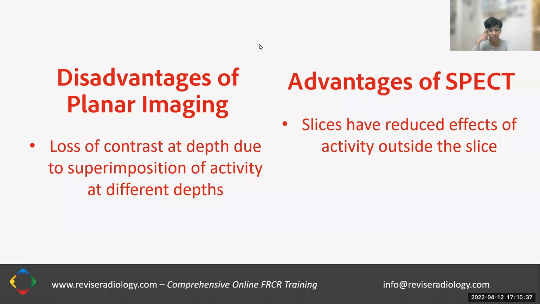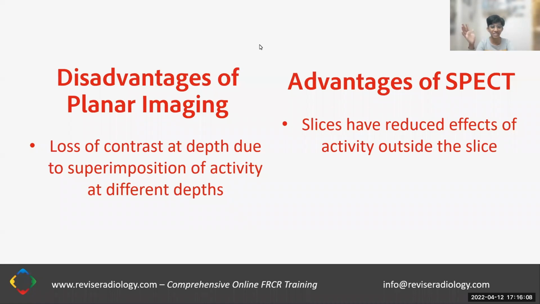Picture the liver in your head, and then think about the radiopharmaceutical getting distributed throughout the organ. Everywhere that the radiopharmaceutical goes, imagine it as a glowing point, and that glow is essentially radiation. Now, when you're trying to pick up the activity at a certain point, you're going to be seeing the glow from all the surrounding areas.